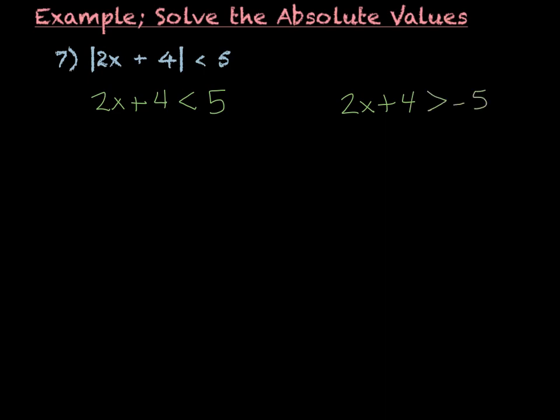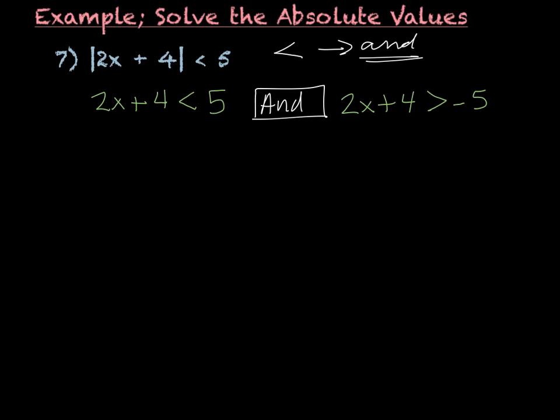Okay, so to figure out what word goes in here, we look at the less than sign. So because it's less than, it's going to be and. If it's less than or equal to, we're going to write and.